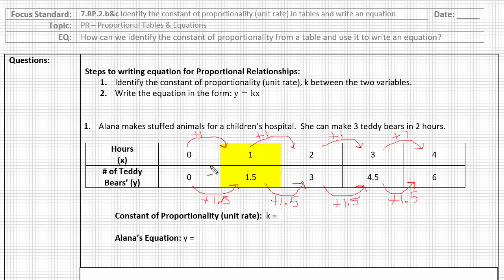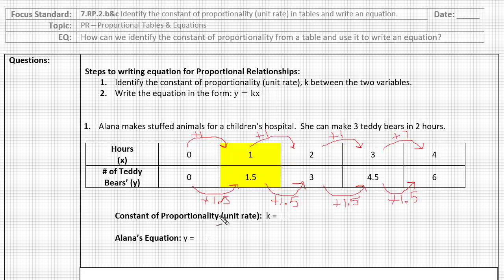And if we have that, and we know that it starts at 0, 0, and it increases at a constant pattern, then that's our unit rate. We can also look for a factor that we can multiply by every x variable that works to get the y variable. So I think we're ready to write our equation.